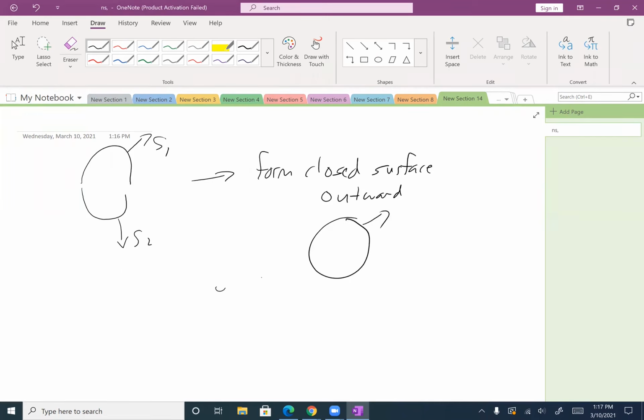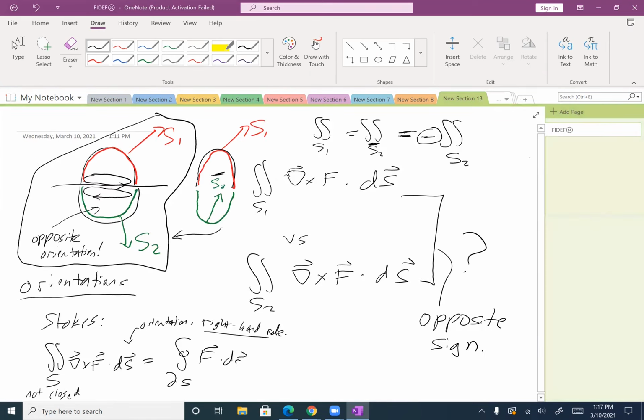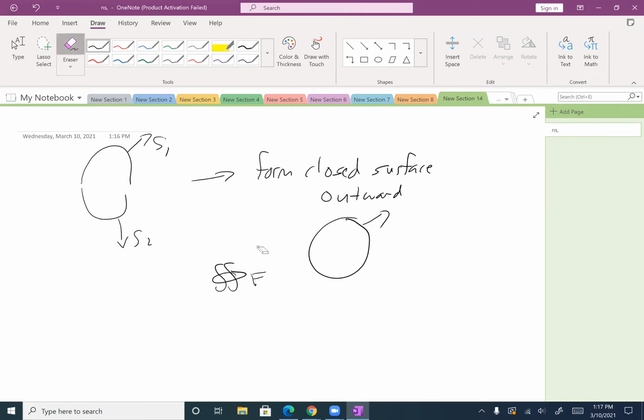So the integral of that curl, we're integrating curls, right?